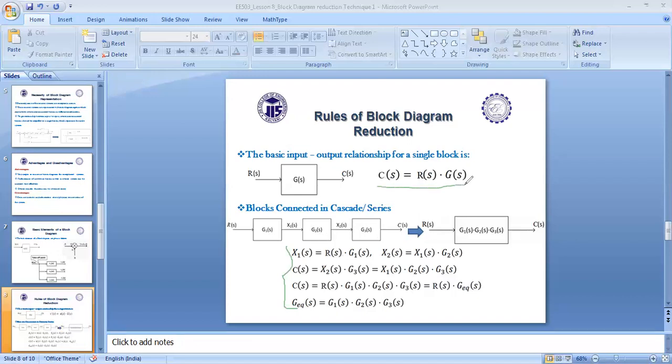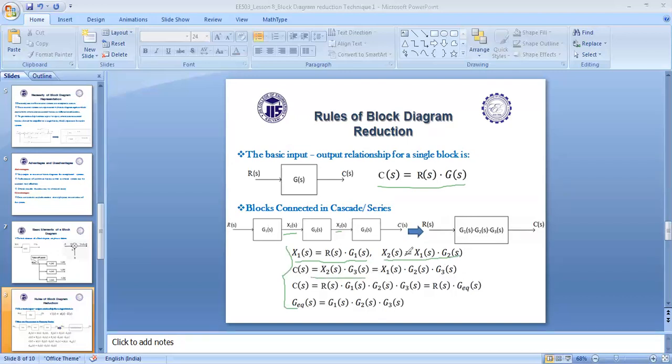Based on this fact, we can say X1(s) equals R(s) into G1(s). Similarly, X2(s) equals X1(s) into G2(s). And C(s) equals G3(s) into X2(s).